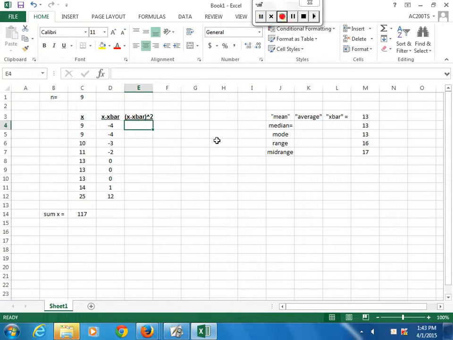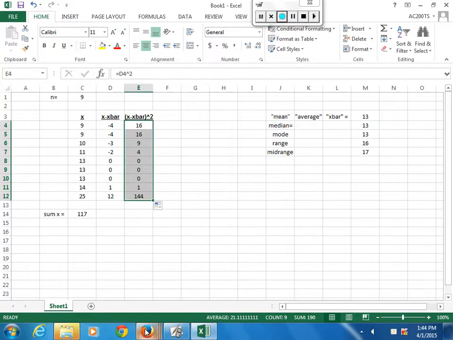Okay, so x minus x bar squared, and what does that do to everything? Makes it what? Positive, Hubert? Yeah, that's right. And there's your x minus x bar squared.